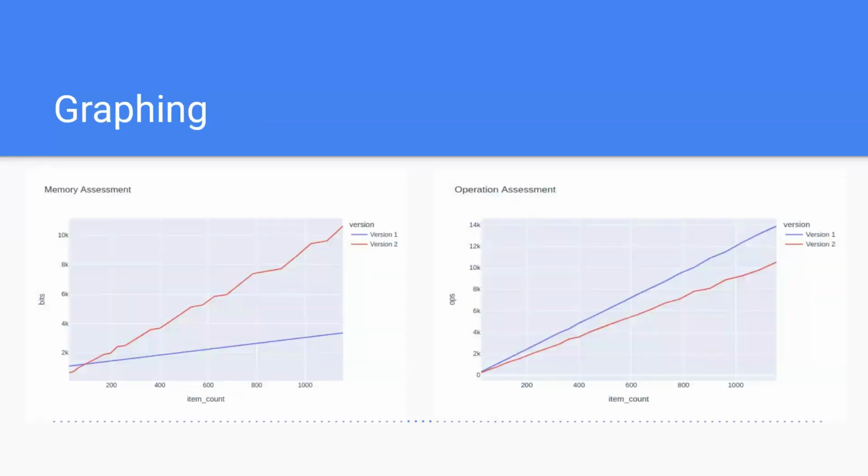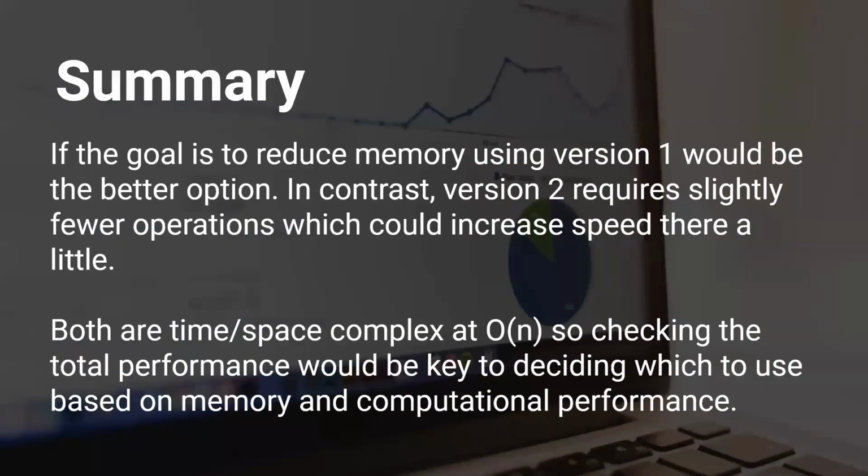In the graph, we can see that in the memory assessment version 1 is better than version 2. And then in the operation assessment, we can see that version 2 is slightly better than version 1. And in summary, if the goal is to reduce memory, using version 1 would be the better option.